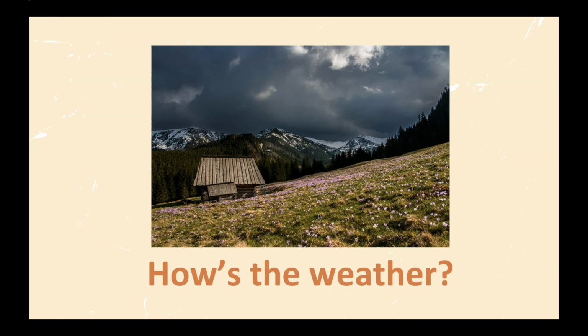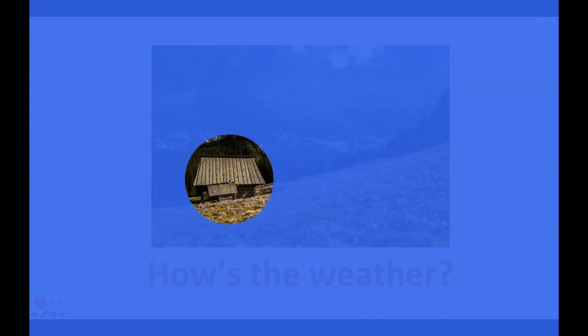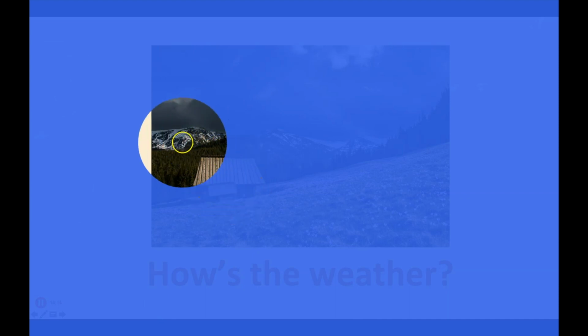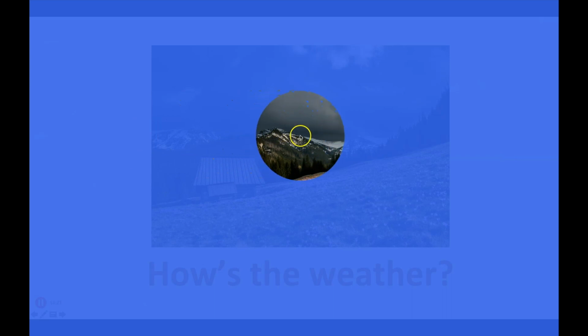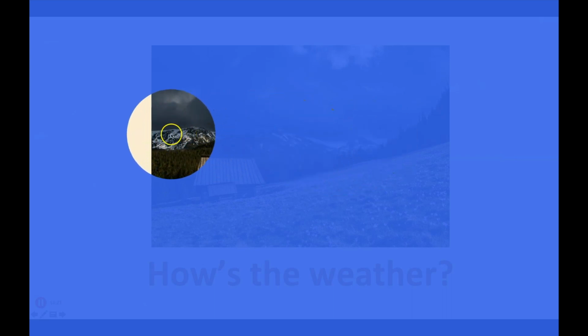How's the weather? Let's look here. What's this? It's a house. And maybe you remember these are mountains. And what's the white stuff?